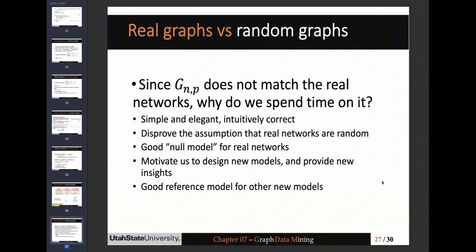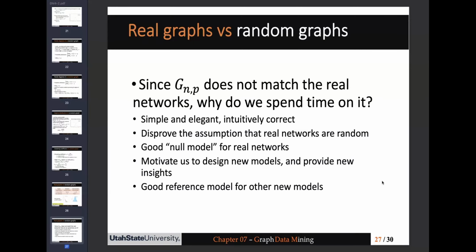By understanding how they work, we can identify the properties of real networks, and that way we can also explain the randomness in real networks. They're also mathematically elegant, and a good starting point for developing more realistic models, such as small world and scale-free networks.